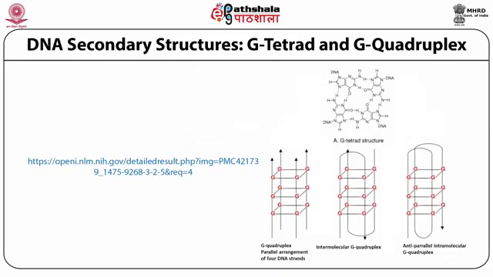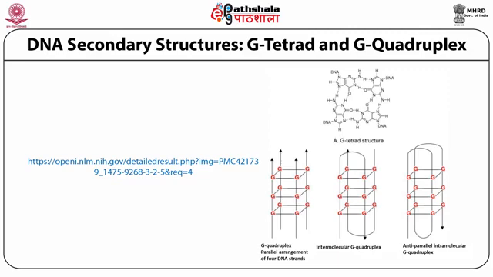In this case, we can see not only the triple helix, Hoogsteen pairing is also very important in forming other kinds of DNA secondary structure, something like G tetrad and G quadruplex. So what happens here is you can see that there are 4 base pairs.